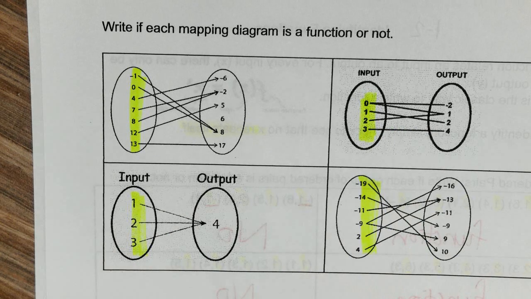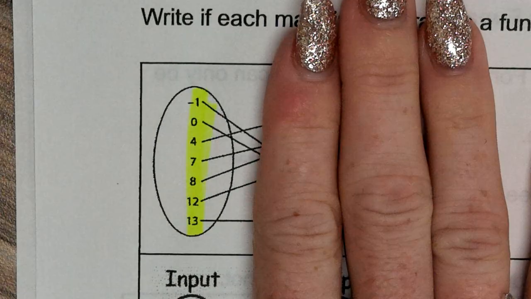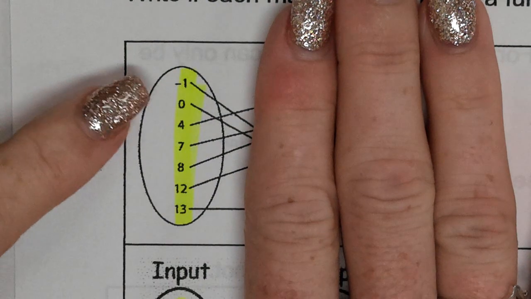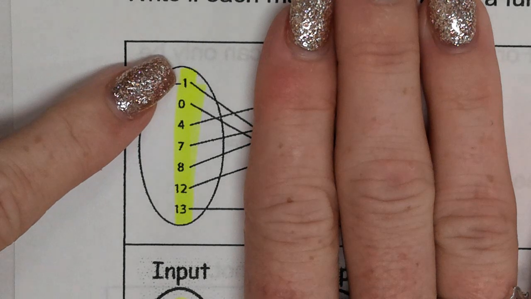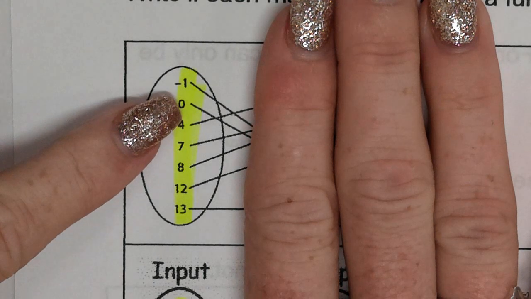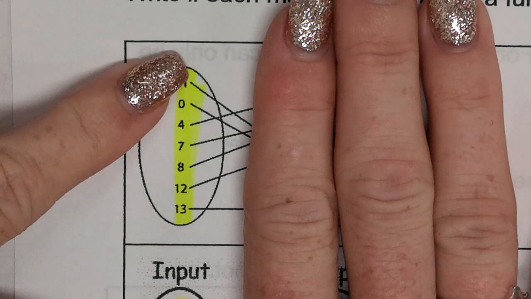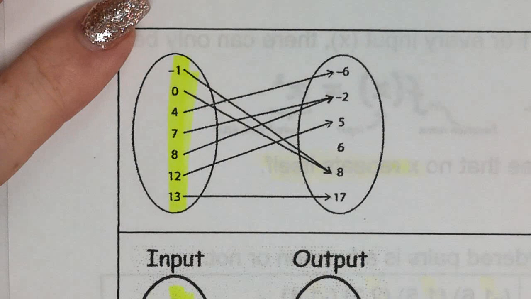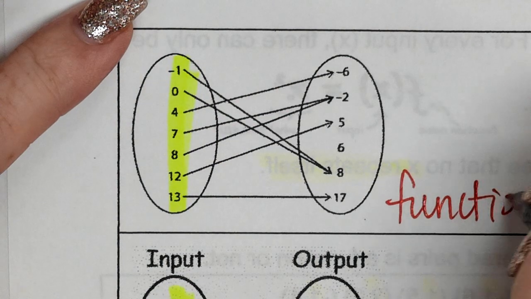That's the only one that you care about. Yes? I like to cover up the output oval, and I like to ask myself, does every single number on the input oval only have one line coming out of it? Yes or no? So this is a function because every X only has one Y.